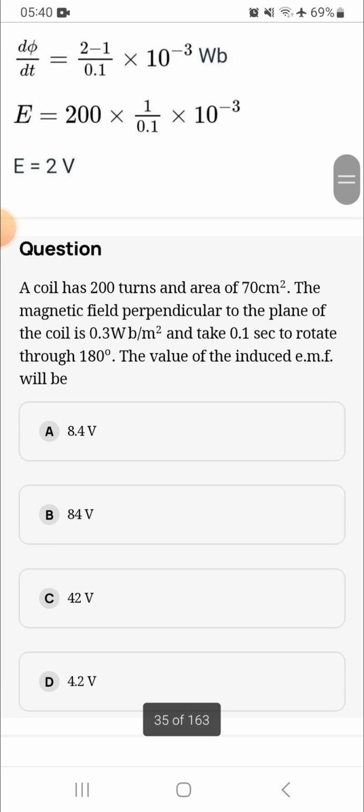Next question, a coil has 200 turns and an area of 70 centimeters square. The magnetic flux perpendicular to the plane of the coil is 0.3 Weber per meter square and it takes 0.1 second to rotate through 180 degrees. The value of the induced EMF will be 8.4 volt, 84 volt, 42 volt or 4.2 volt.